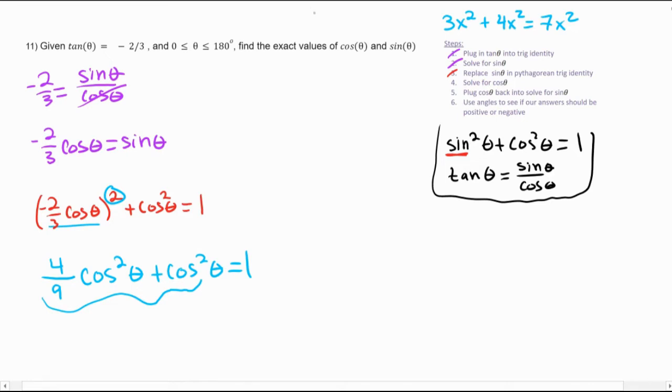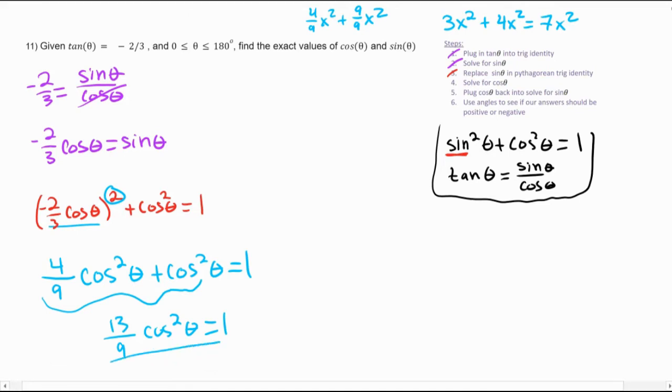I'm basically just saying 4/9 x squared plus 9/9 x squared, or 1x squared. So I'm just adding those together, and that's going to give me 13/9 cosine squared theta equals 1. I think that's the biggest leap on here and maybe the most difficult thing to wrap your head around. But once you got that, then we're just continuing to solve for cosine squared theta.